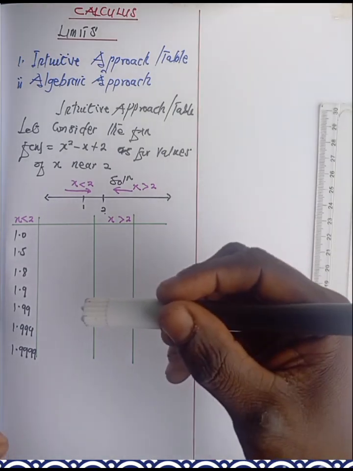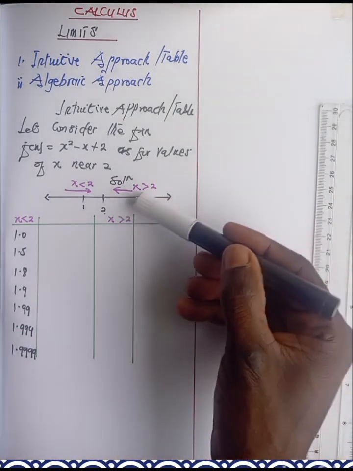Now let's list the values of x approaching 2 from the right.